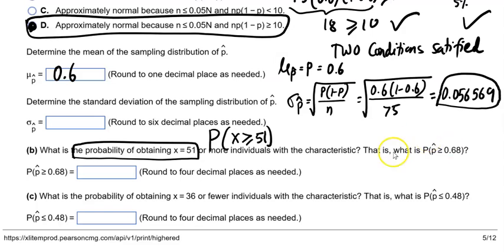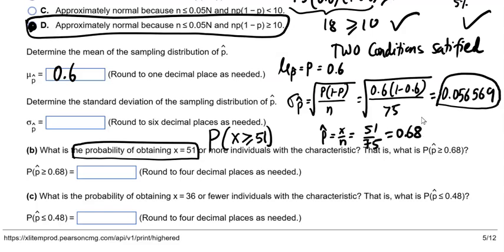But notice that the probability of x greater than or equal to 51 is the same as the probability of p hat greater than or equal to 0.68, because p hat equals x over n. Here x is 51 divided by 75.